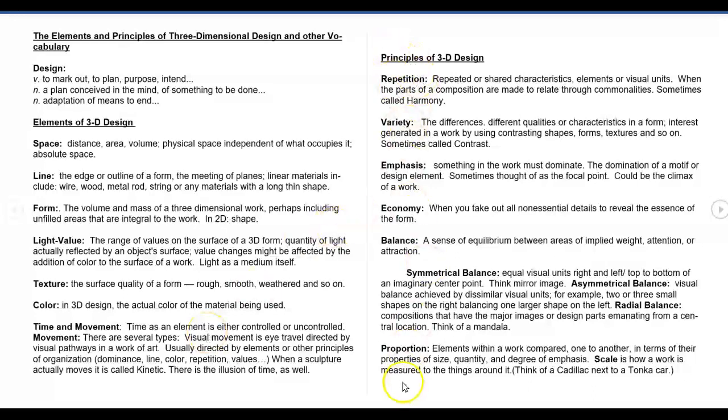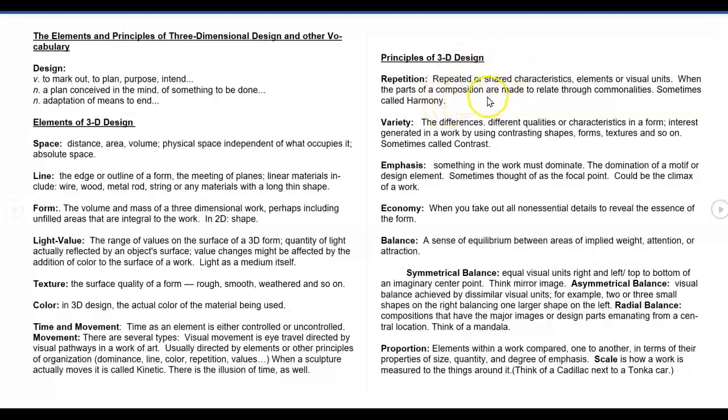Over here, the principles are how we put these elements together. We can have repetitive areas of any of these elements. With that goes rhythm, which I don't have listed here separately; when you think about rhythm, it's sort of a repeated pattern.